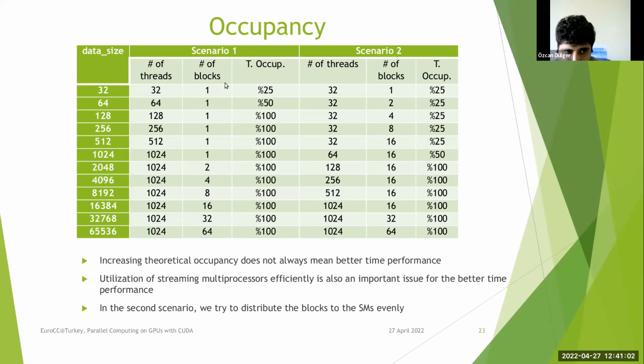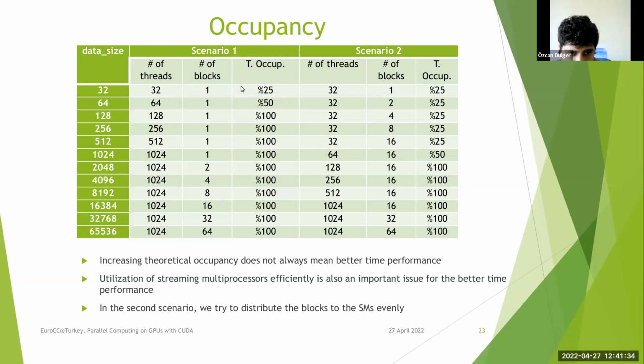Here, the theoretical occupancy is related to the number of threads in a block. If the number of threads in a block is 32, we only use 1/4 of the resources in the streaming multiprocessor. That means only 512 threads can be active in an SMX, so we only benefit from 1/4 of the resources.